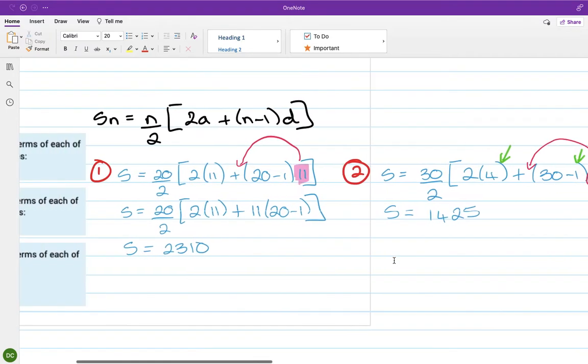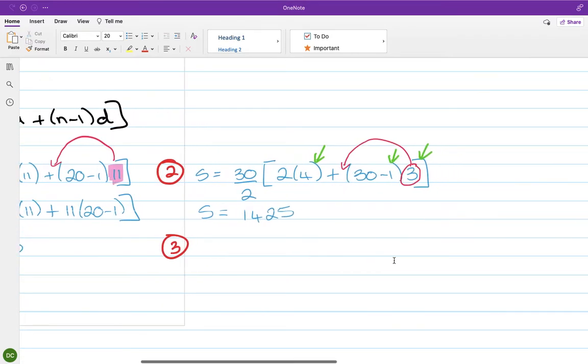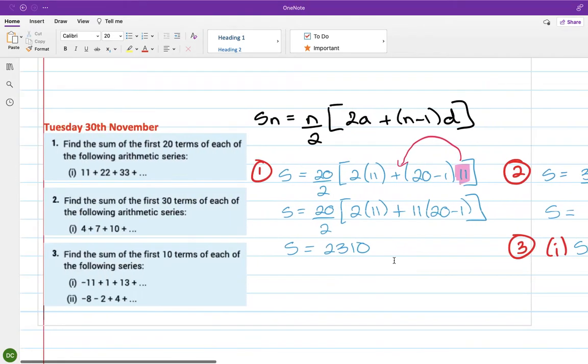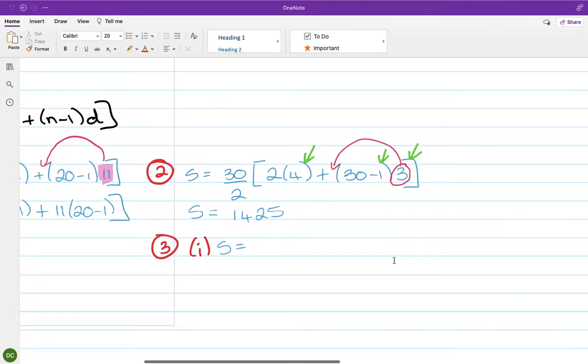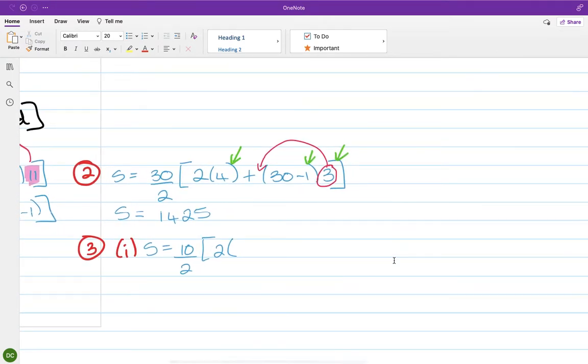Okay, and the third one, oh sorry, there's 2 of these. So part 1, S equals, we're looking for 10 terms, so it's going to be 10 over 2. 2 brackets. First term here is minus 11, plus 10 minus 1.